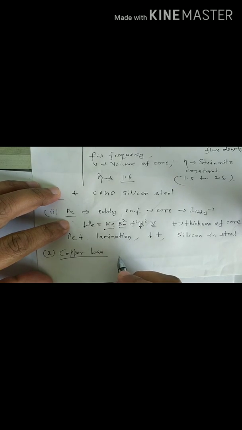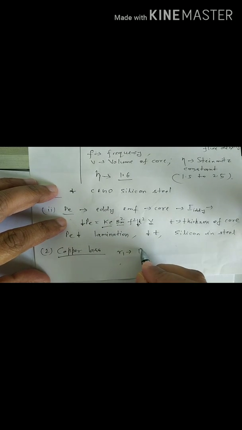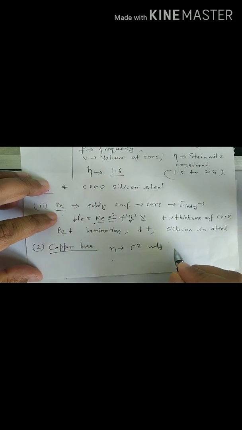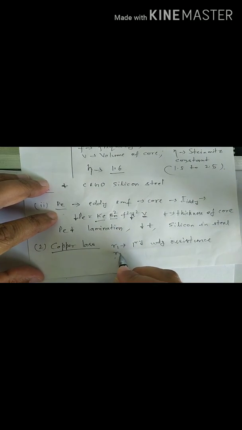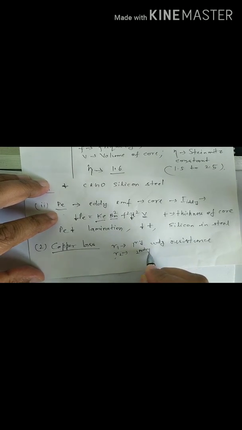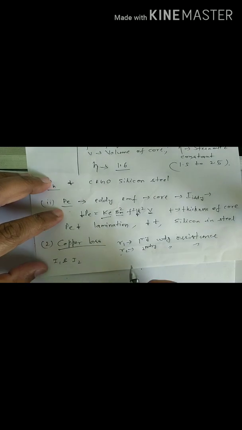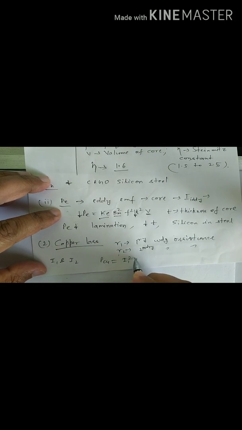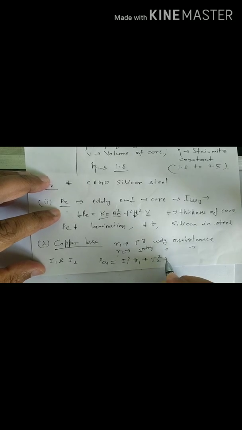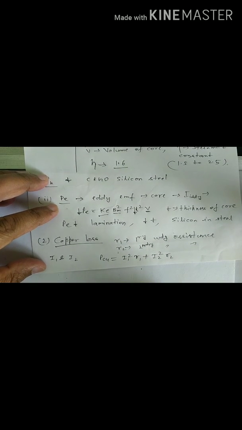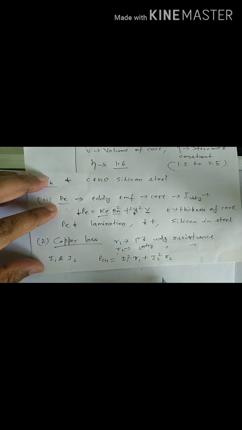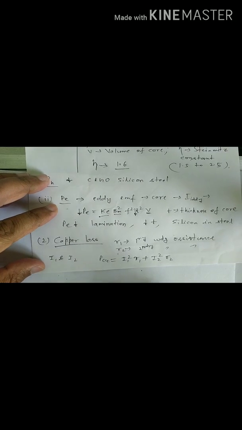If R1 is primary winding resistance, and R2 is secondary winding resistance, and if I1 and I2 are primary and secondary current, then copper loss will be given as Pcu equal to I1 square R1 plus I2 square R2. As windings have resistance and current is flowing in winding, there will be copper loss, known as I square R loss, right?